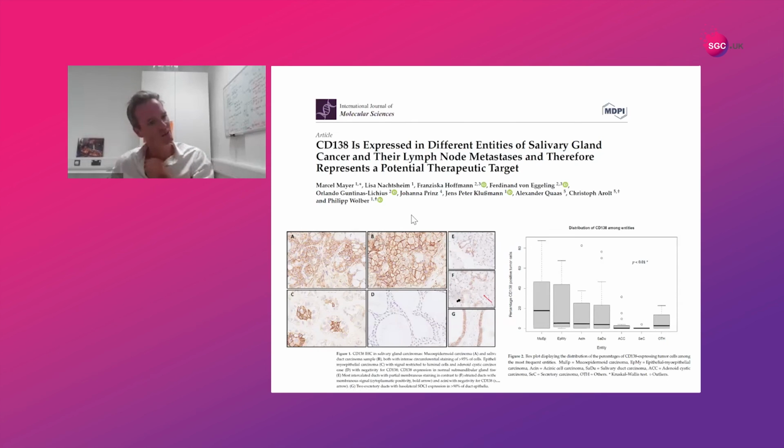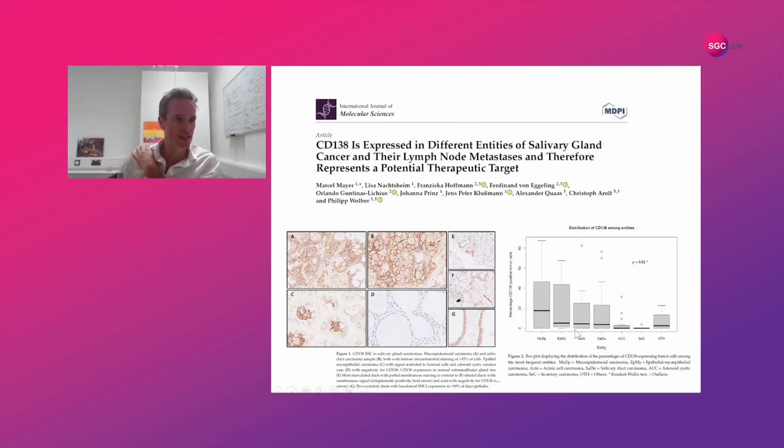The reason it's of interest for you guys, I think, is that in principle it's a tumor marker. It's also in principle something that could be druggable. You might have a protein that migrates to this that has a chemotype drug on it, for instance. And this bar chart here shows the percentage of CD138 positive tumor cells.